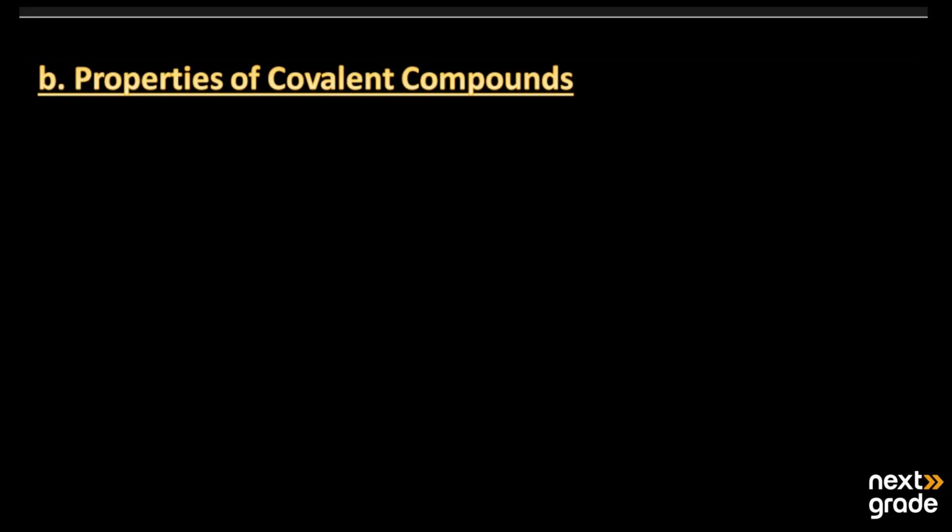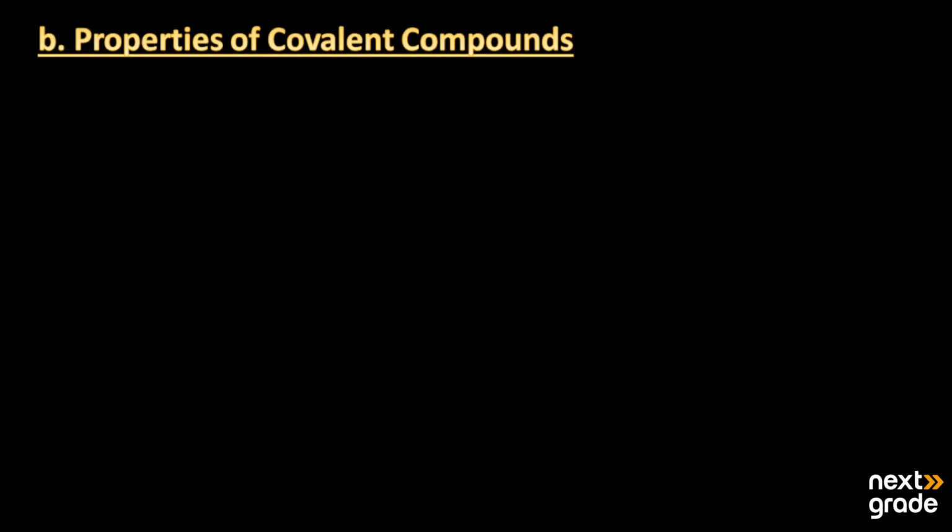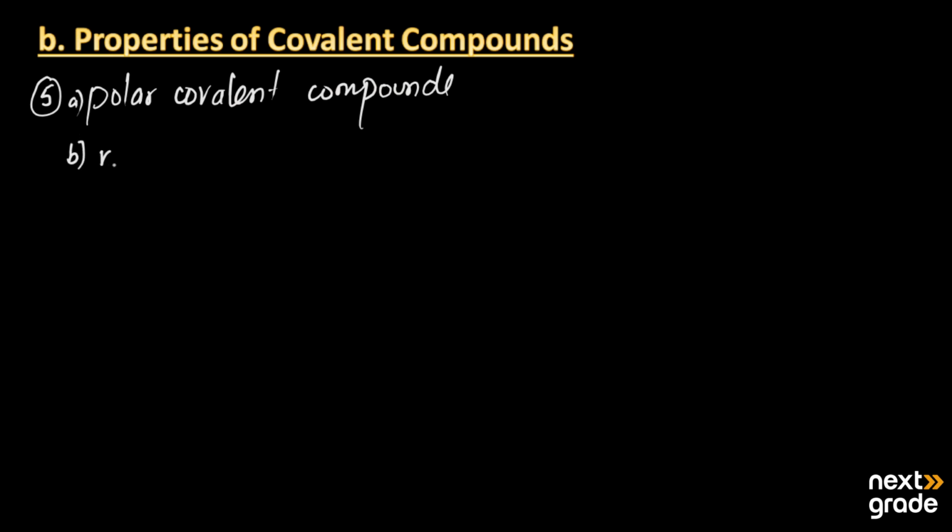Next, the fifth property is that covalent compounds are of two types. First we have polar covalent compounds and second we have non-polar covalent compounds.